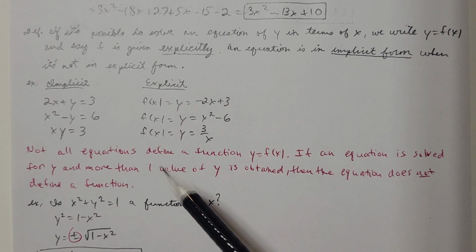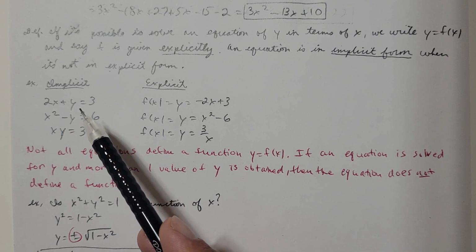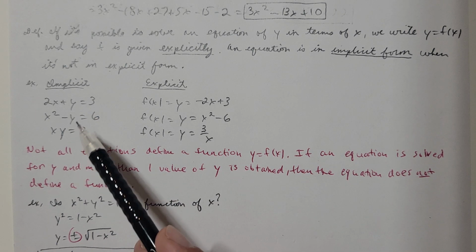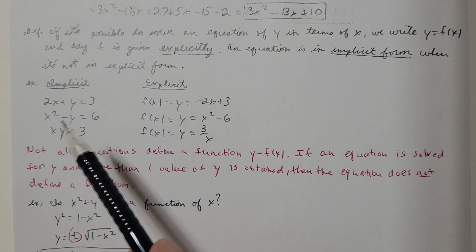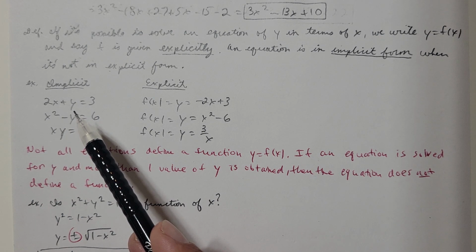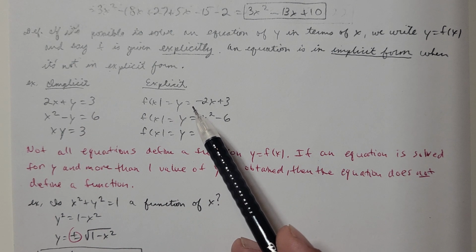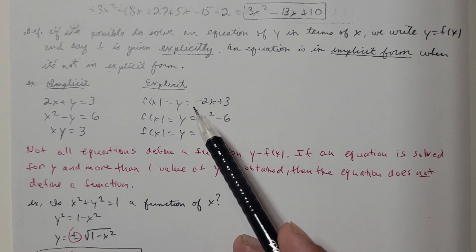So here's an example. Suppose that I have an equation written in implicit form. I've got 3 different equations written in implicit form, and all I'm saying with that is that I have an equation and it's not solved for y. That's implicit form. Let's get that equation into explicit form. Explicit form just means that you can solve for y.